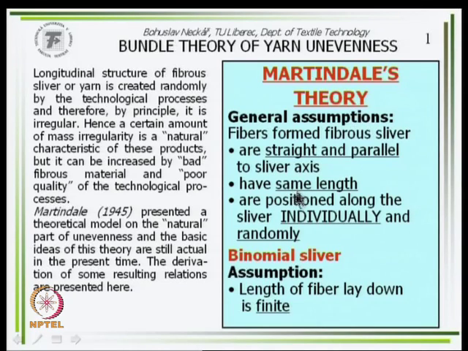We call it l. All fibers are positioned along the sliver individually and randomly. When we accept the idea of a so-called binomial sliver, we also need to assume the length of the fiber laid down is finite. Yeah?